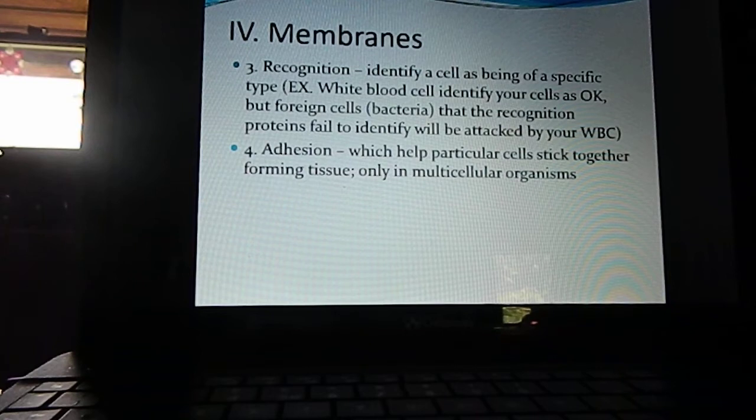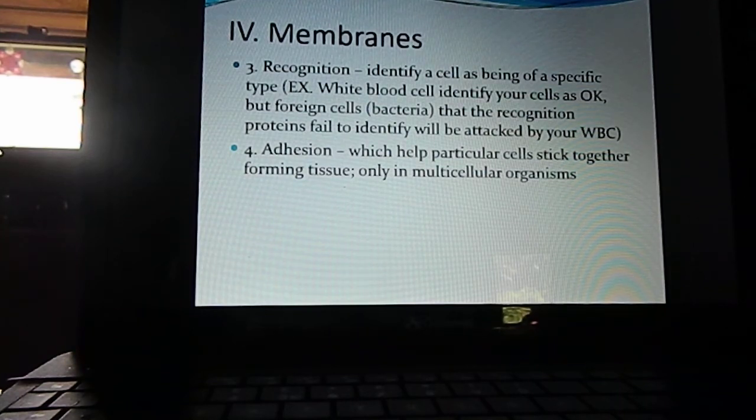When a foreign cell is in the bloodstream, the antibodies attach to the cell and see if they recognize those same antibodies. If they don't, then they recognize an antigen, which is a recognition protein on the cell that's not supposed to be there, then the white blood cell attacks the foreign cell and tries to get rid of it.